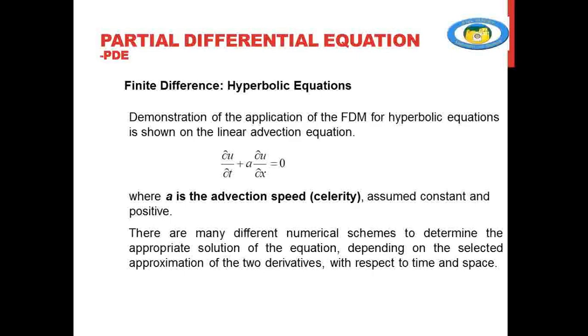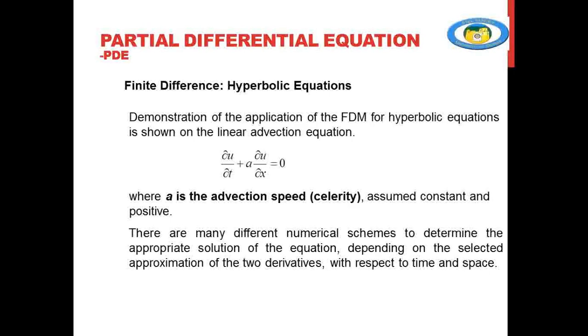So in order to solve this hyperbolic equation, which is a pure advective equation, you can have a number of different schemes depending on the approximation of the derivatives. You can approximate the partial derivative of u with respect to t using forward finite difference, backward finite difference, or center finite difference.